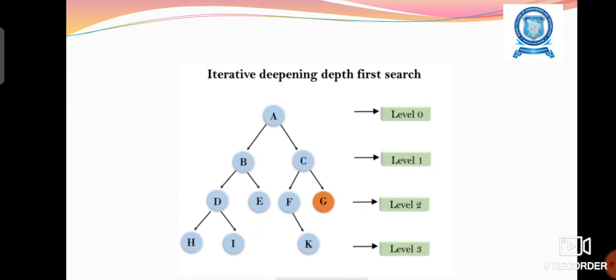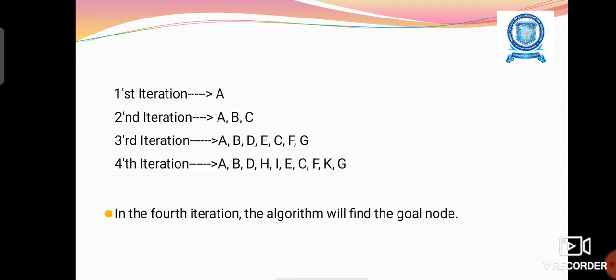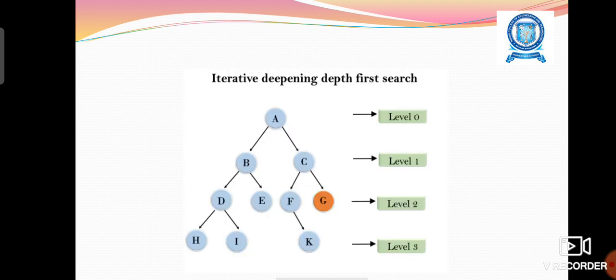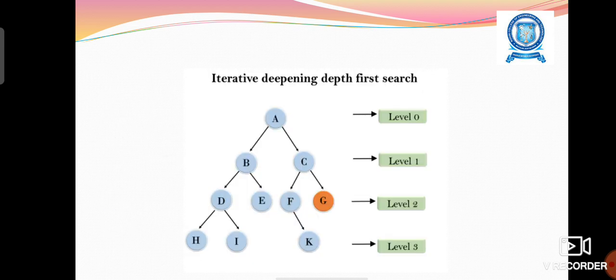Here is an example for the tree. There are levels where the nodes are available, and our goal node is G. In the first iteration, the search starts from the root node A. From A it will traverse to B, then from B to C. Then it goes for the next iteration, and the depth limit will be increased to level 2.